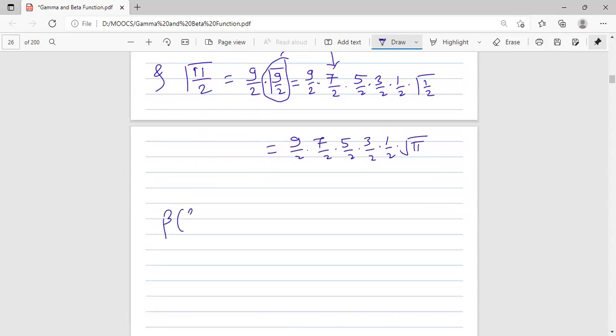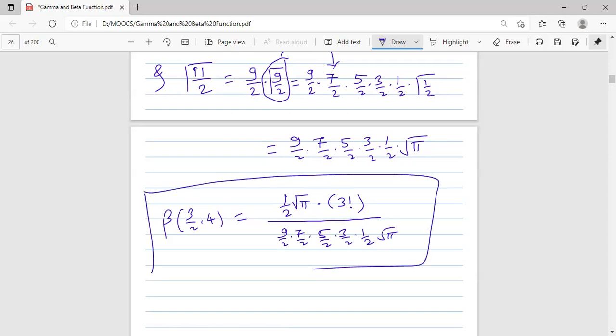Then how will we write this answer? Therefore, beta of 3 by 2 comma 4 is equal to, we are getting this answer, 1 by 2 into root pi into 3 factorial whole divided by 9 by 2, 7 by 2, 5 by 2 into 3 by 2 into 1 by 2 into root pi. Simplifying this, you will get the answer.